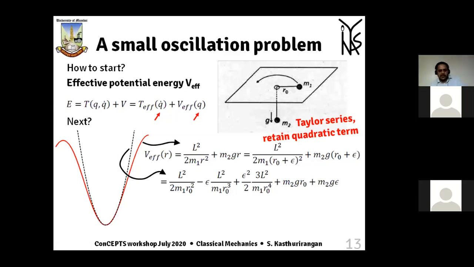In this particular case, L square by 2 m1 r0 square exactly balances m2 g r0. So the first term and the fourth term are constant, and they can be eliminated by shifting the potential. The third term and the fifth term together, because of this minus sign, will cancel each other completely.